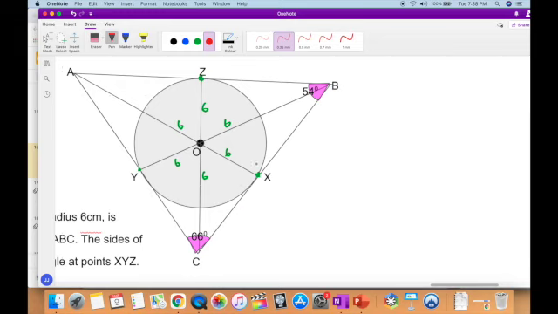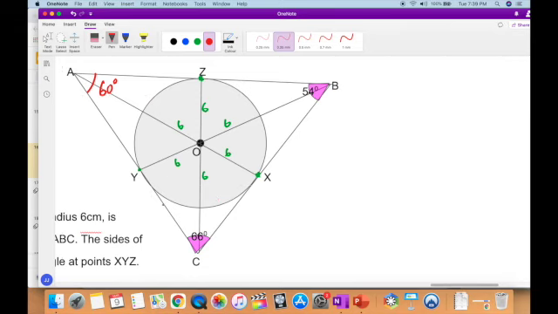Now, the first thing I noticed is that there is a big triangle here. This is 66. This is 54. So that means I could find this angle here. What is our angle? Did you work that out? 180 minus 66 plus 54. That's 60 degrees. 66 plus 54 is 120, and 180 minus 120 is 60 degrees.